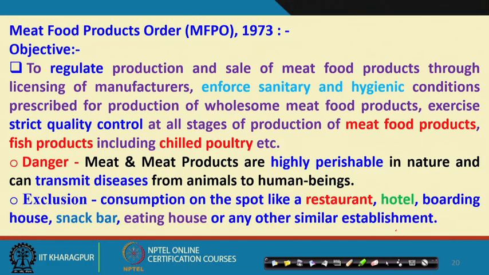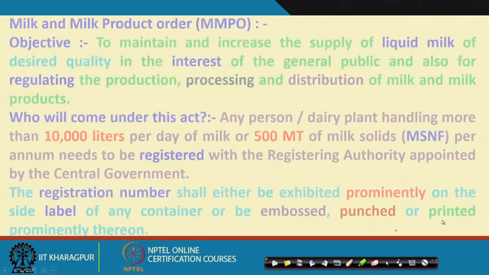If the laws and orders are not adhered to, then the chance of contamination from the animal to the human being is very high. So, that is the danger part. Some exclusions are there, definitely: if it is being consumed in restaurants, hotels, boarding houses, etc., then this can be excluded. The reason being they are supposed to take a lot of care such that this kind of contamination is not there.